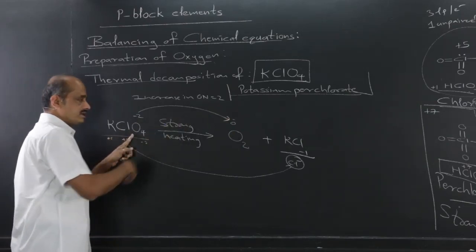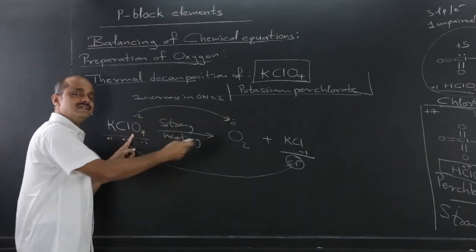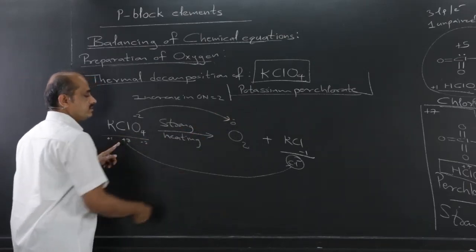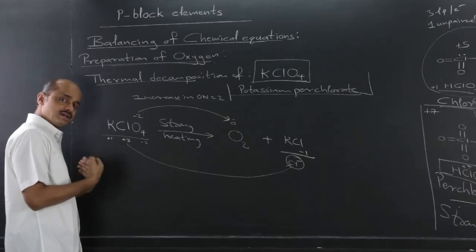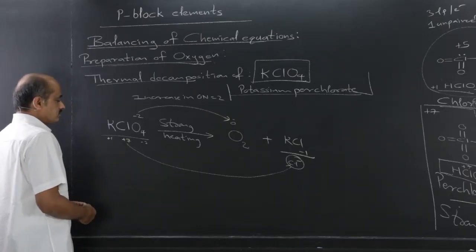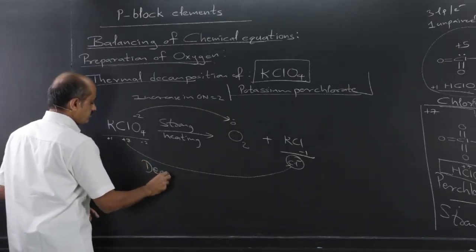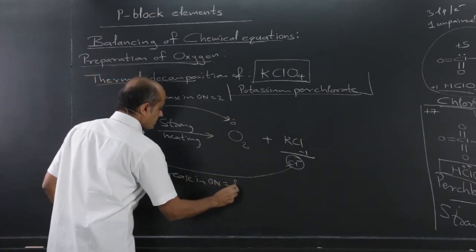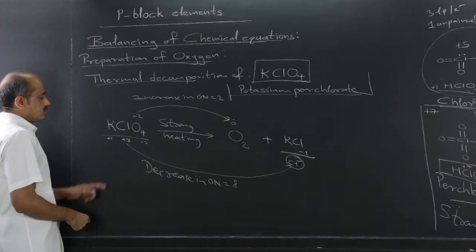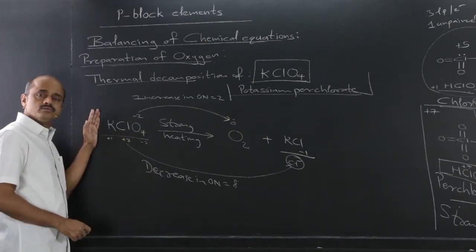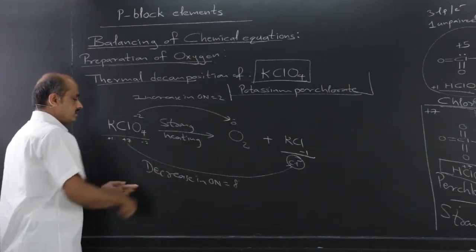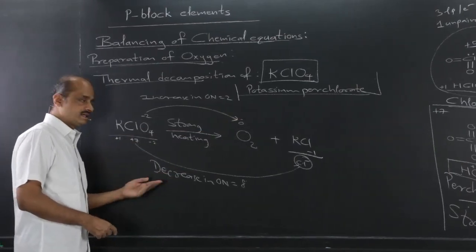Minus 2 changing to 0 is releasing electrons, an increase in oxidation number, oxidation. Plus 7 changing to minus 1 means it gains electrons, reduction. So there is a decrease in oxidation number by 8. For one molecule of potassium perchlorate, the plus 7 chlorine changes to minus 1, and the decrease in oxidation number is 8.